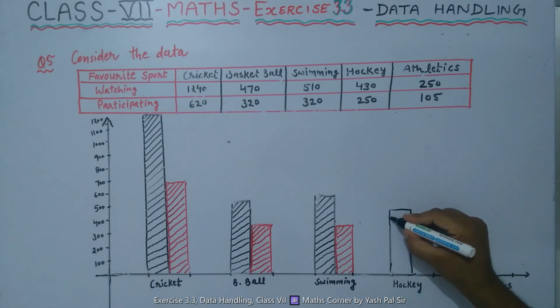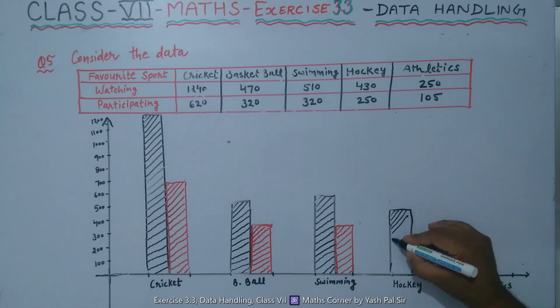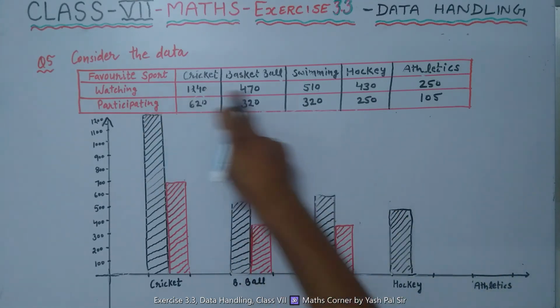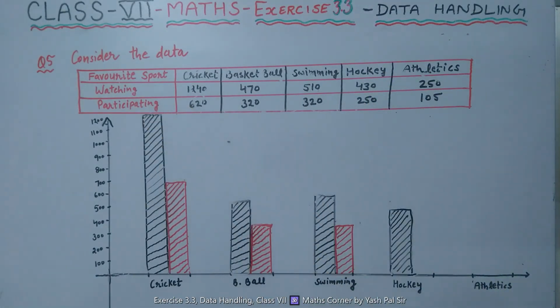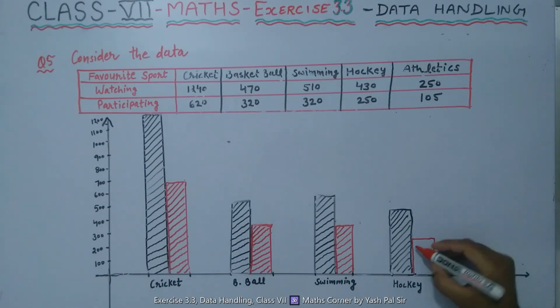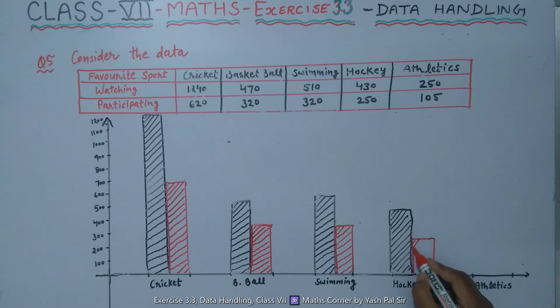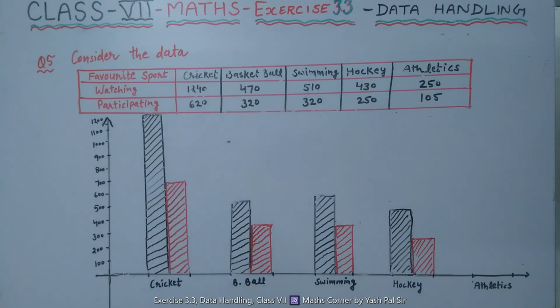Next is hockey, 430 watching. In this way we have 430 for hockey as their favorite sport, with black pen meaning watching. Next is 250 as participating. This way we have 250, above 200 and below 300, for hockey as a favorite sport, participating.